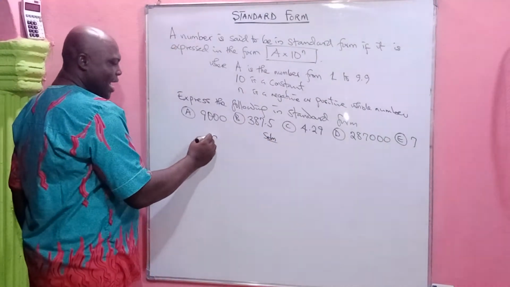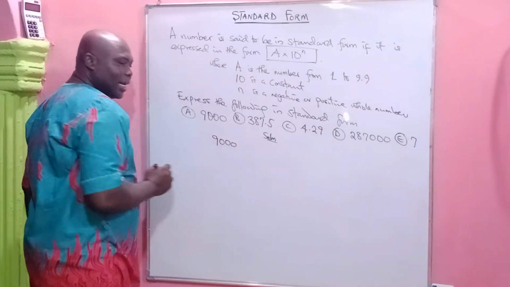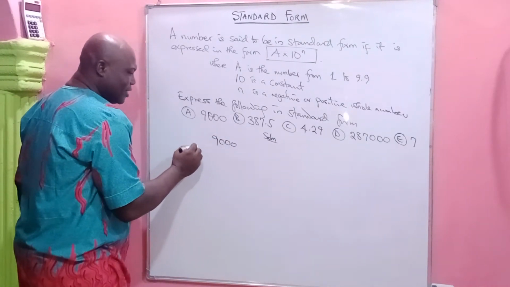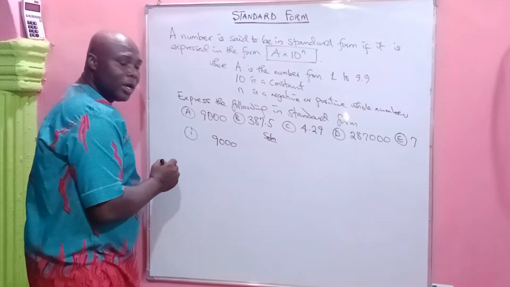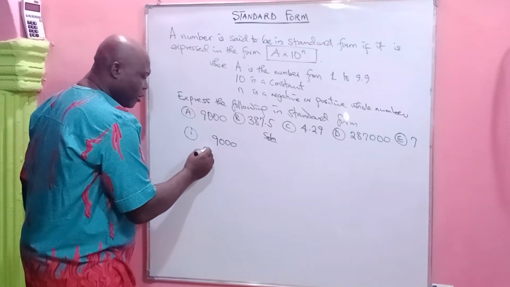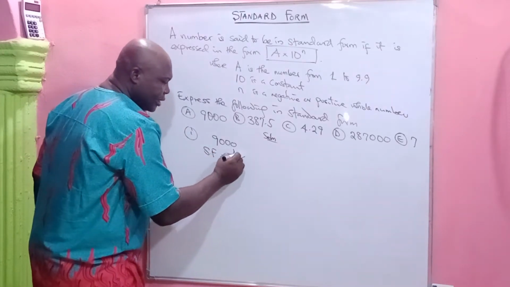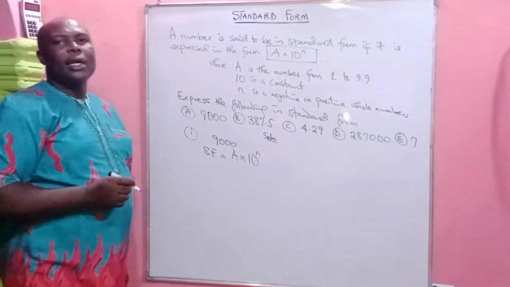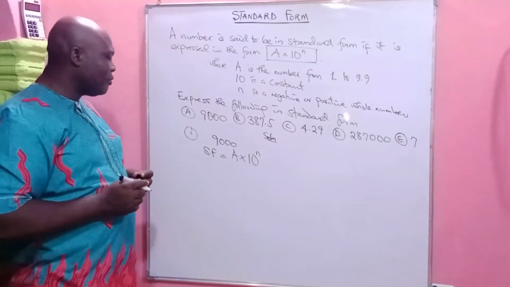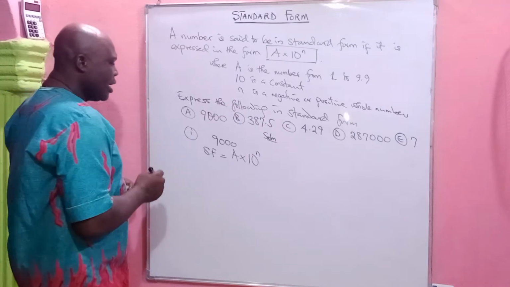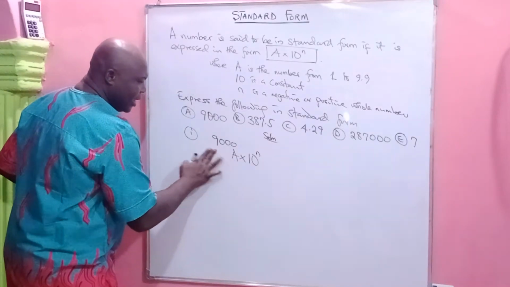We've been given 9,000 we want to express in standard form, and we know that for you to express a number in standard form, the number will be in the form a times 10 raised to power n. That's how you express a number in standard form. Now, what is our a in this situation?